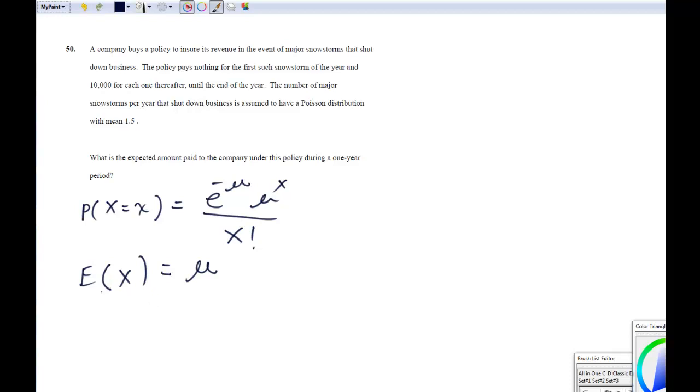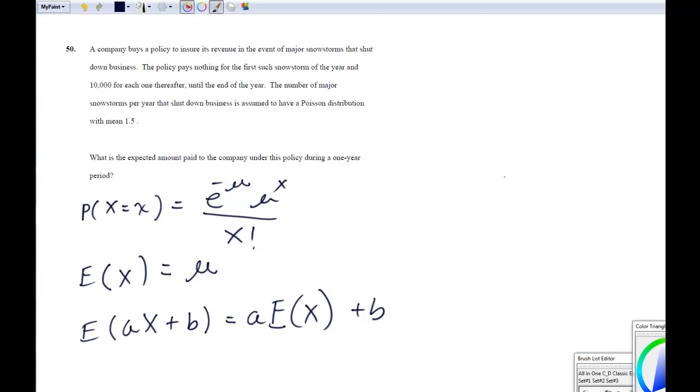Another thing that I want to review is that if we have a constant times the random variable plus another constant, our answer is just going to be a times E of x plus b. Alright, I think that is all we need.